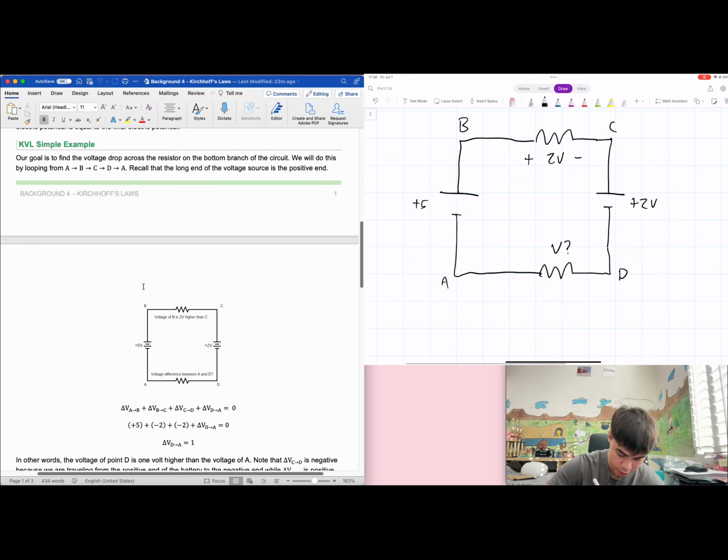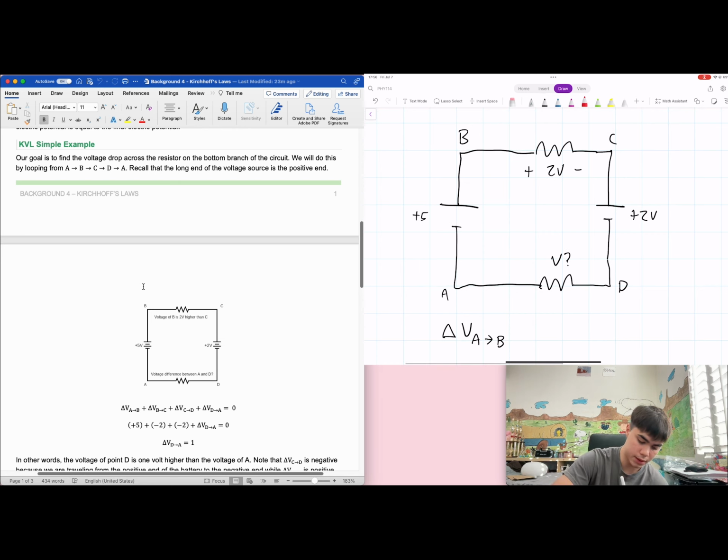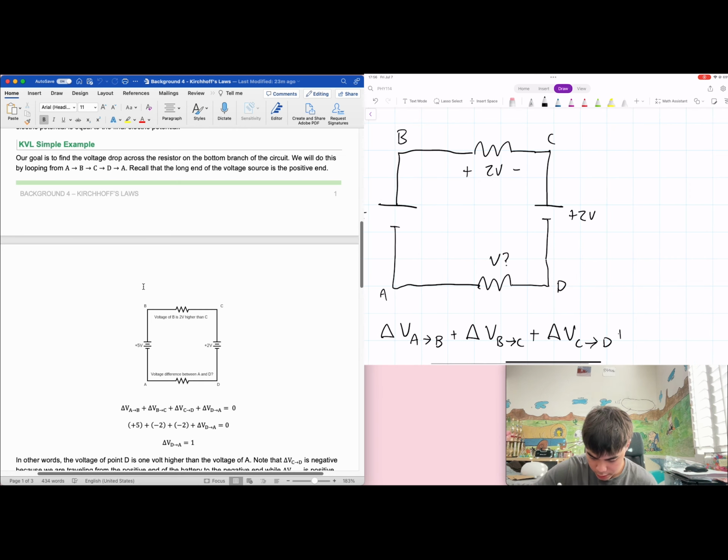So the voltage from A to B, as you travel from A to B. Our loop is going to be A to B to C to D. So we have the voltage change from A to B plus the change in voltage from B to C plus the change in voltage from C to D plus the change in voltage from D to A is equal to 0.